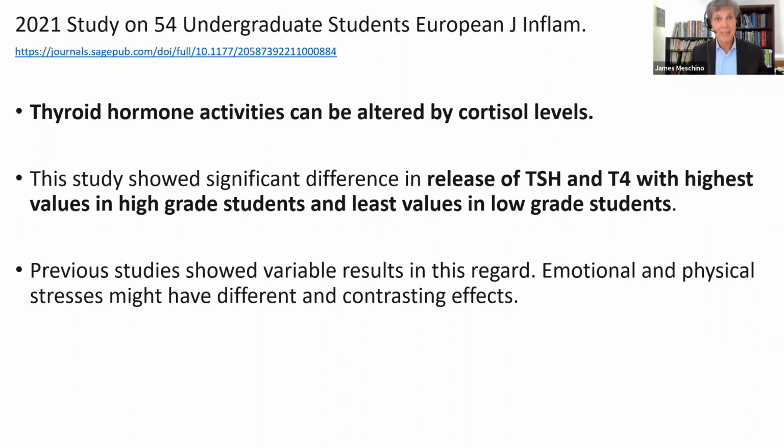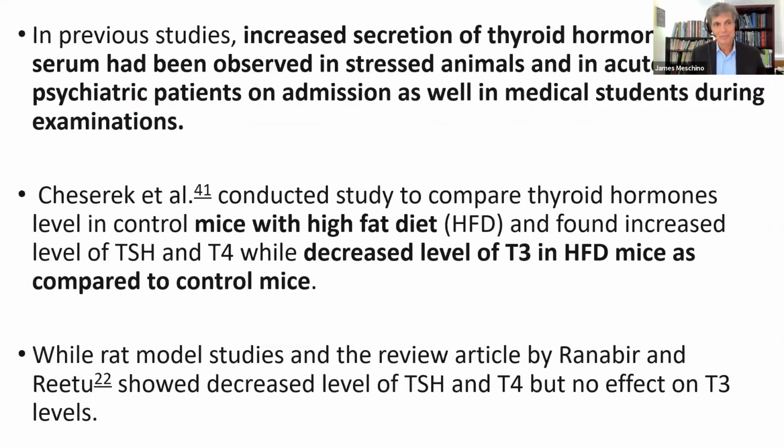In other words, during exam stress, it's almost helpful for TSH levels and T4 levels to rise to improve cognitive function over the short term to actually improve test scores, which is very interesting.